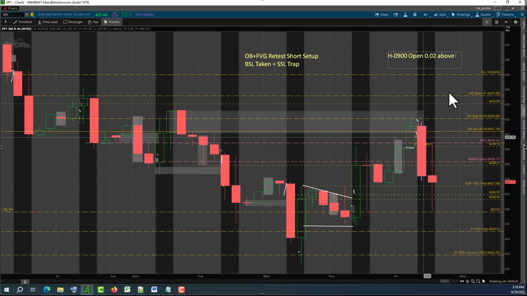Actually, we have set this at the 4-hour time frame, right? It opens above this close and fell to make a higher high.